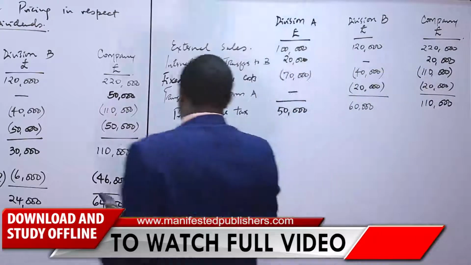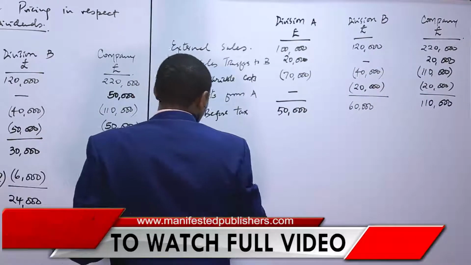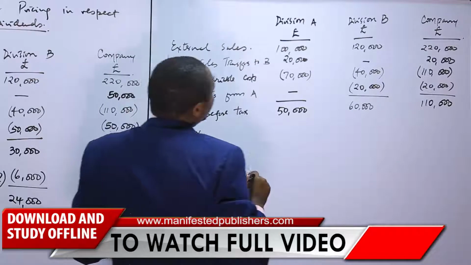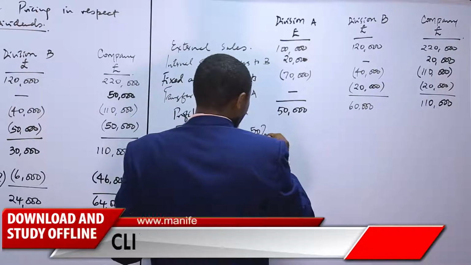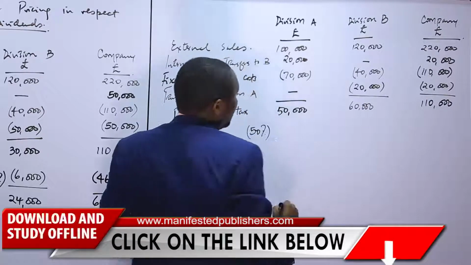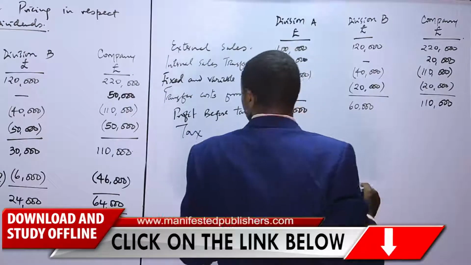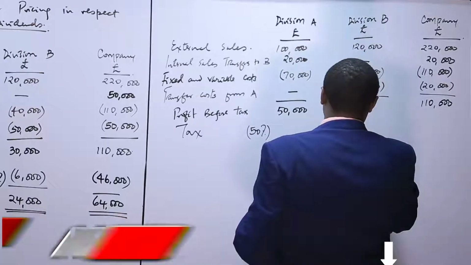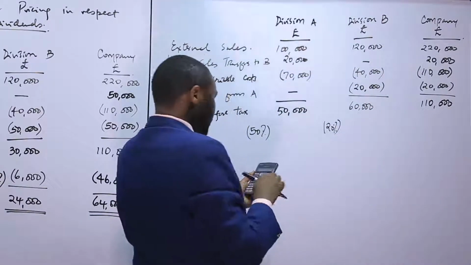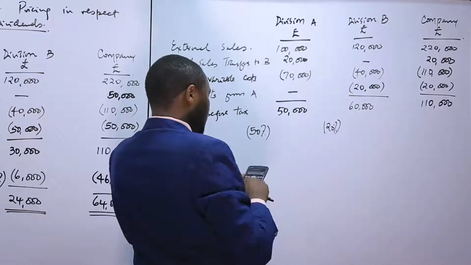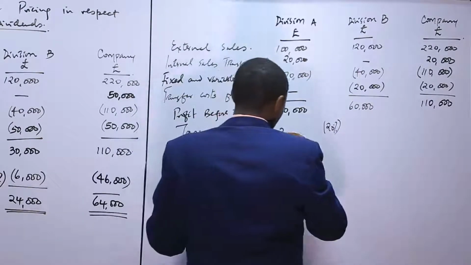So what is our tax? The tax policy in Voteland is still 50%, and in Titoland is still 20%. So 50% of 50,000 is 25,000.